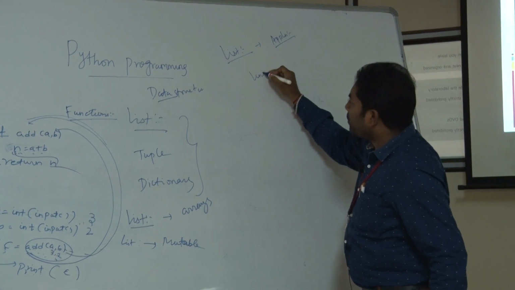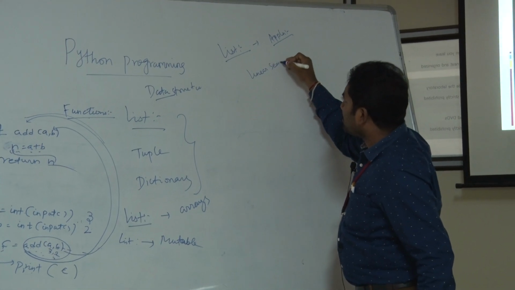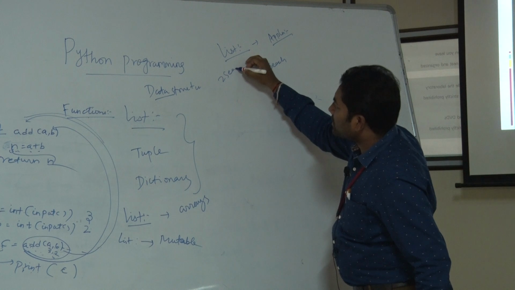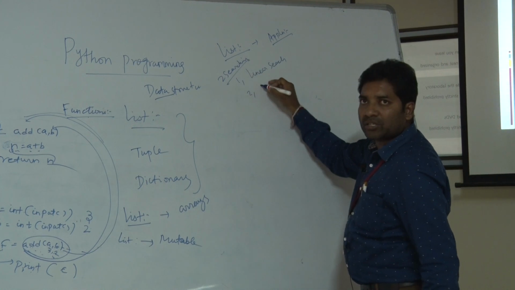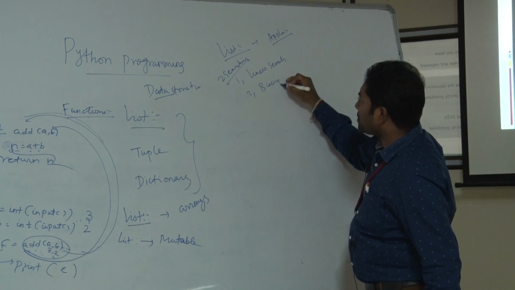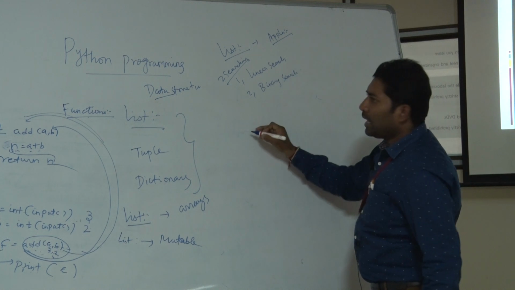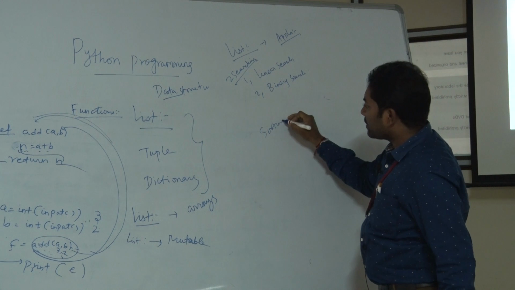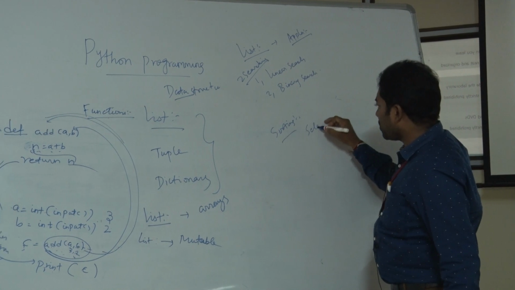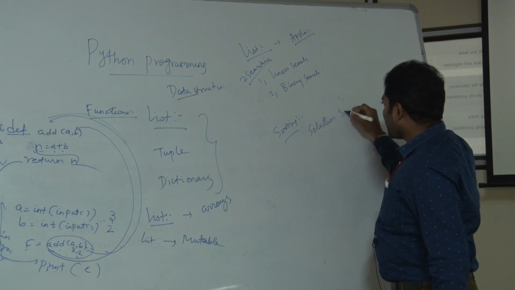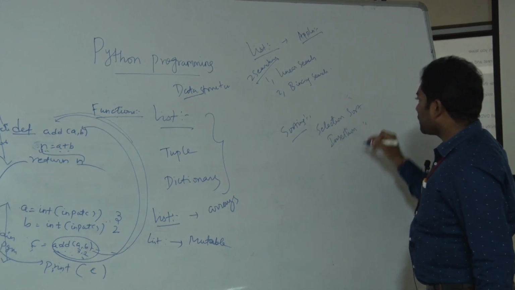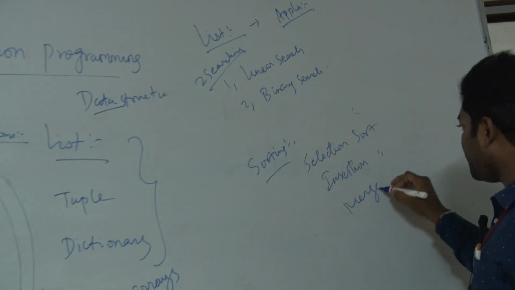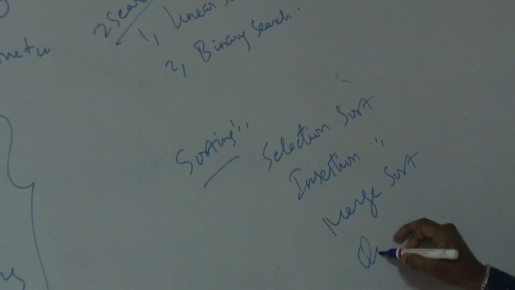So for example, you can take linear search. There are two searching methods. One is linear search, another one is binary search. And sorting techniques are there. One is selection sort, insertion sort, merge sort, quick sort.